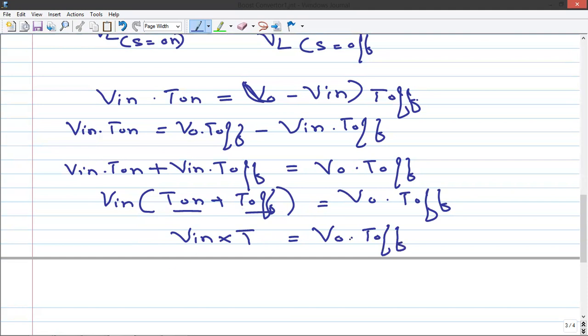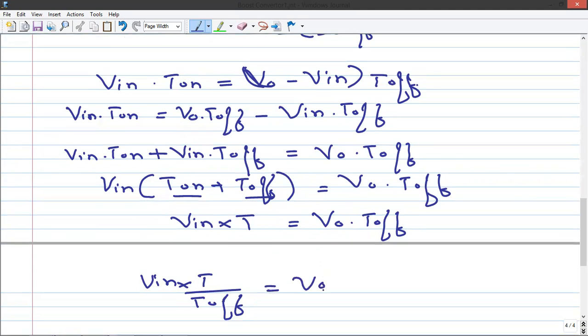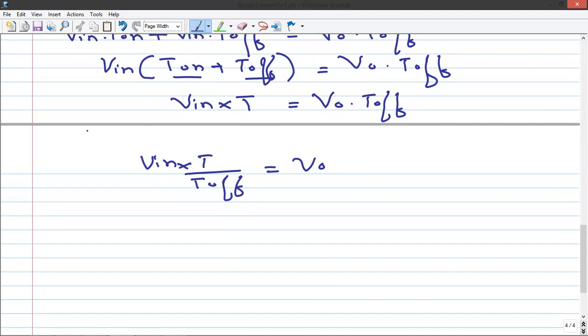Taking T off to the other side, V out equals V input into T divided by T off.